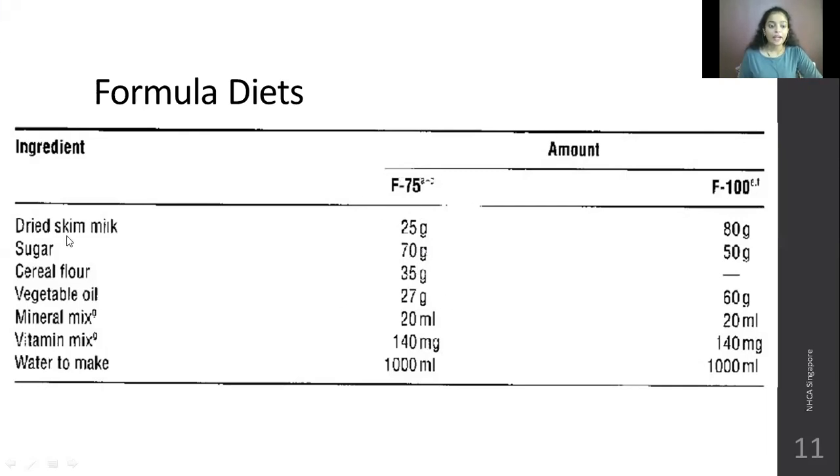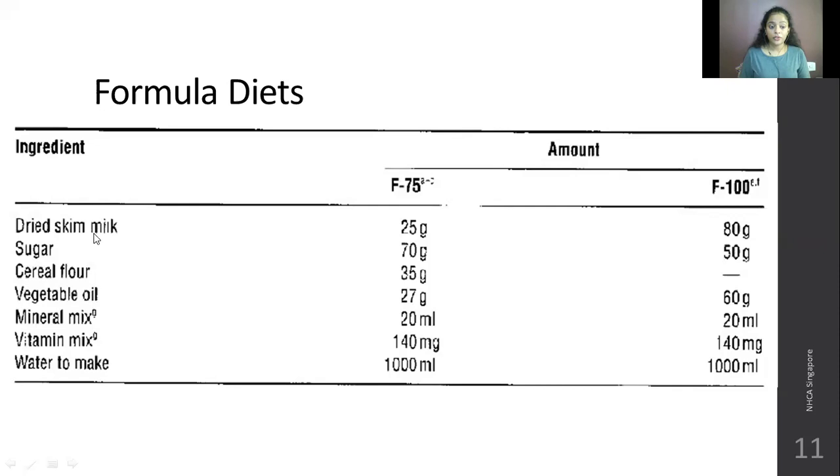Dried skim milk, that is the milk powder. Milk powder of skimmed milk, because we have to really focus on a low protein and low fat diet here. In the initial few days you can't give a high protein and high fat diet to the child.